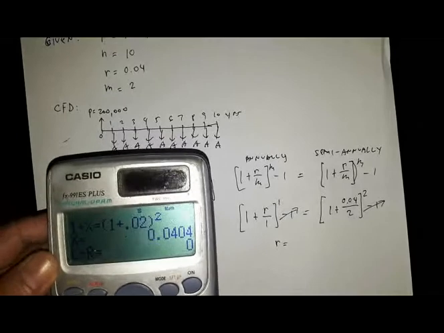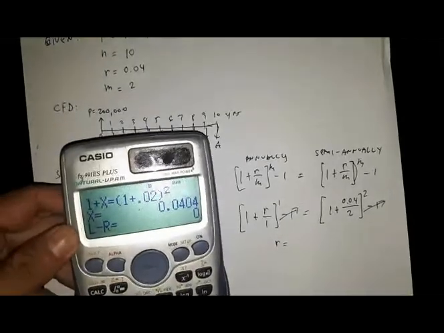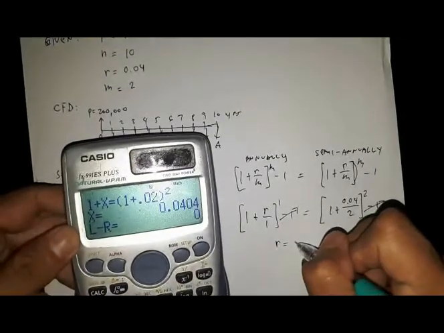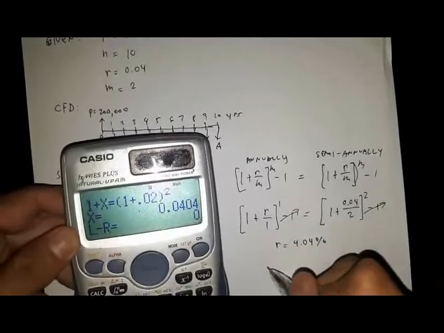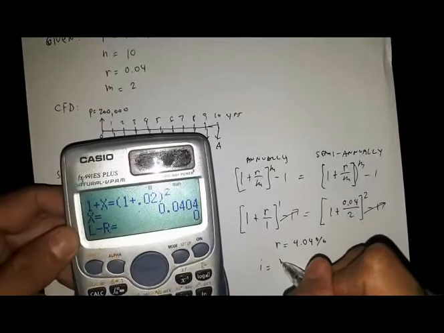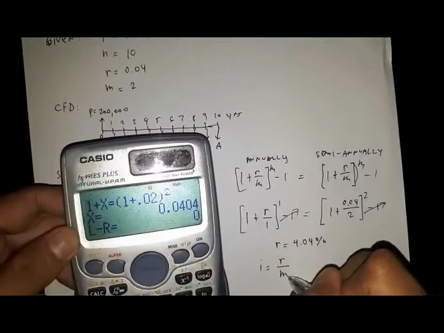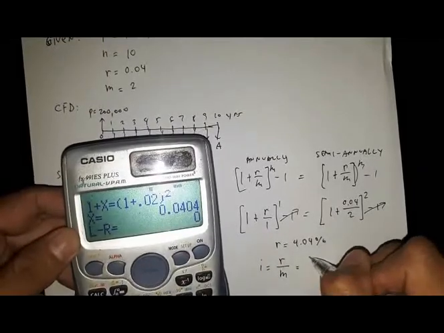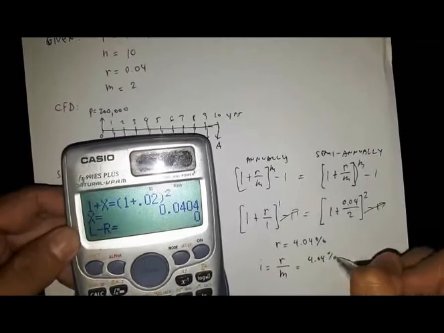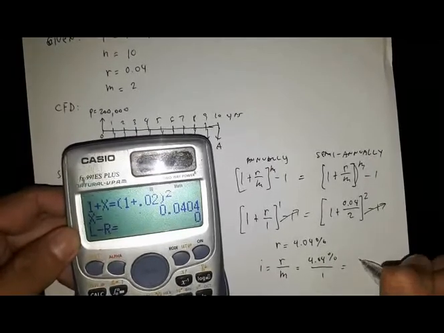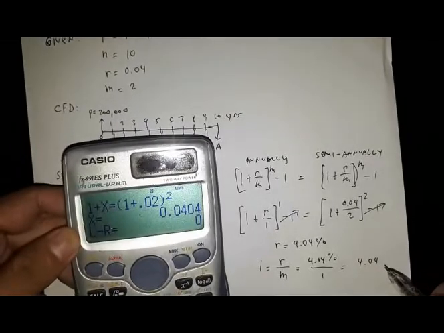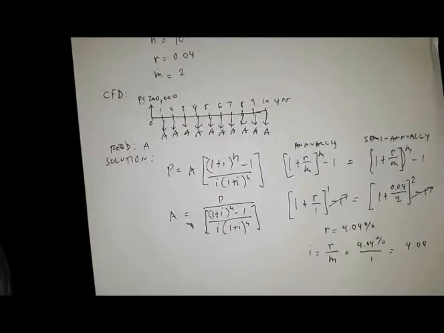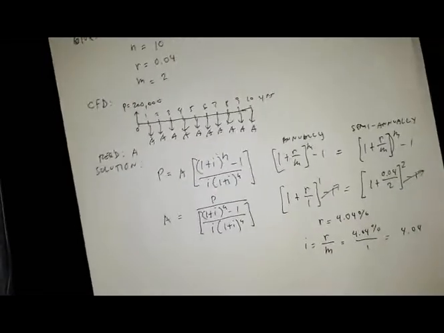The value of x, or the nominal rate, is 4.04%. To solve for the value of i, i is equal to r over m, equals 4.04% over 1, equals 4.04%.